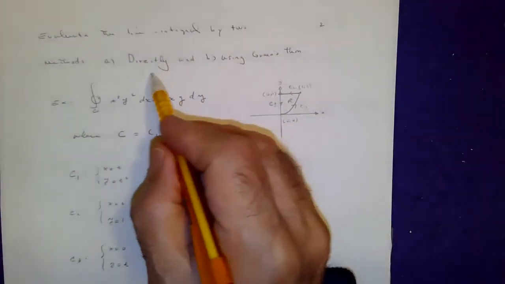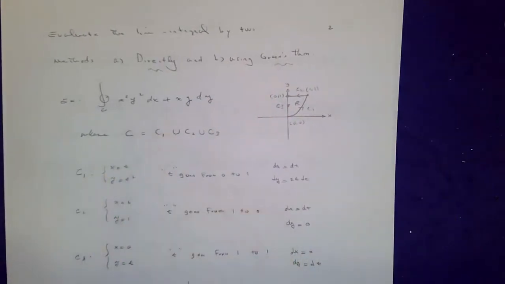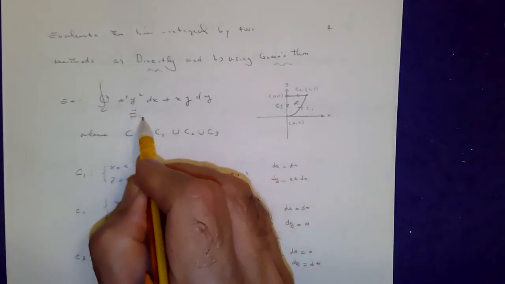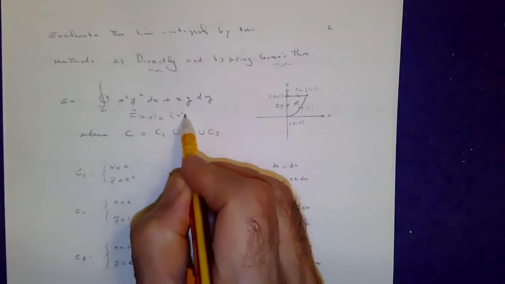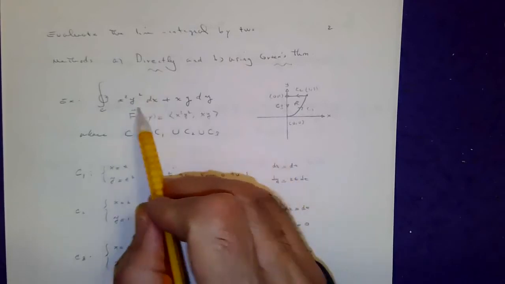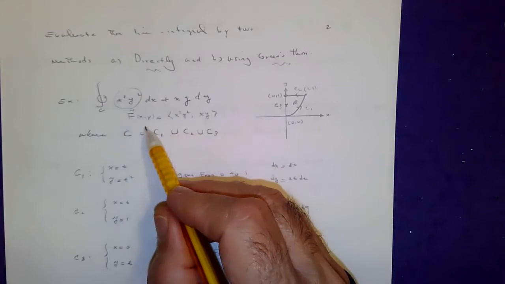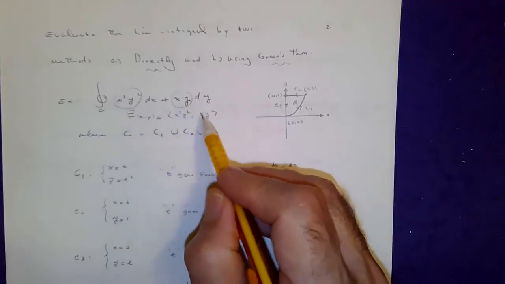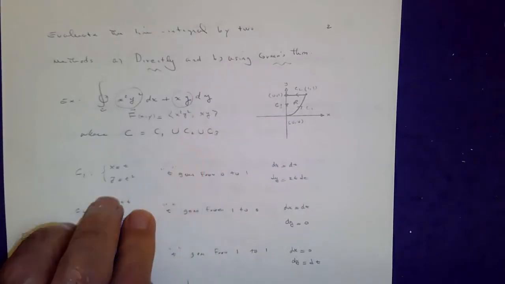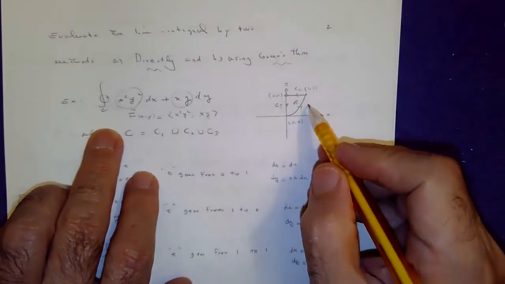Now, suppose we'd like to evaluate this line integral by two methods, first by the direct way, and then by Green's method. Here is the line integral. Just by inspection, the vector field has its x component as x squared y squared, and the y component is xy. The curve C consists of three pieces.